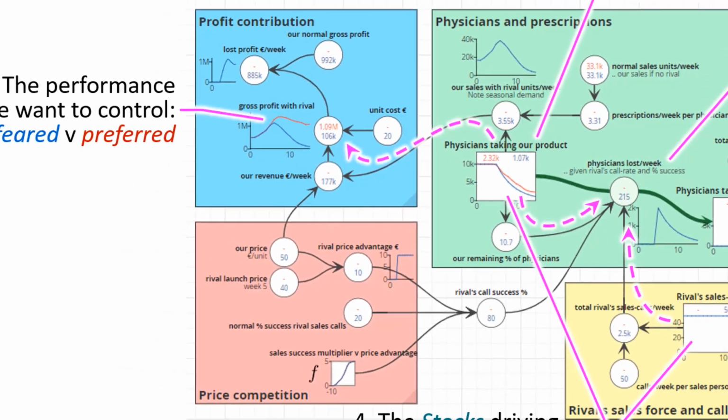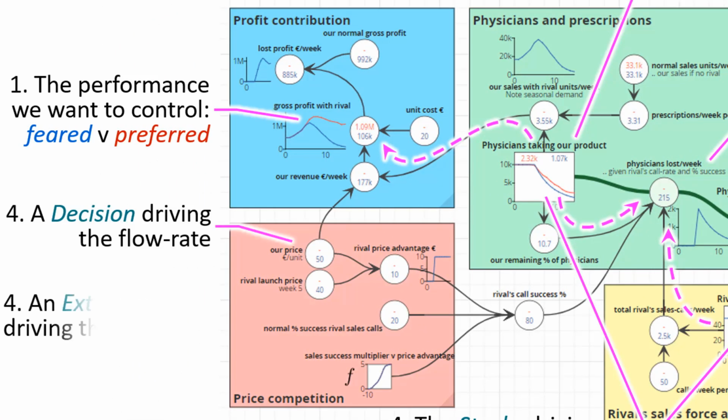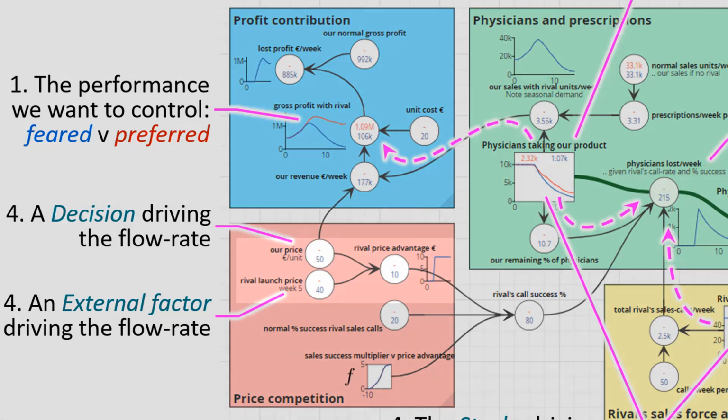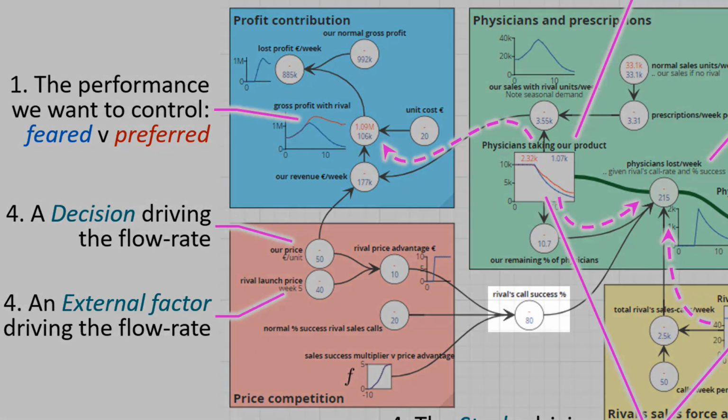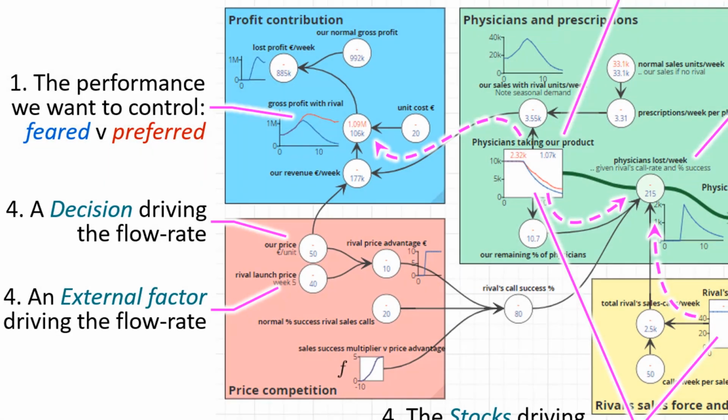We also have the decisions driving that flow rate. And one of those decisions is the price we choose to set, and the external factor driving that flow rate is the price that our competitor sets. So the difference between those two is the price gap. The price gap determines the competitor's call success rate, and that determines the loss rate of physicians.